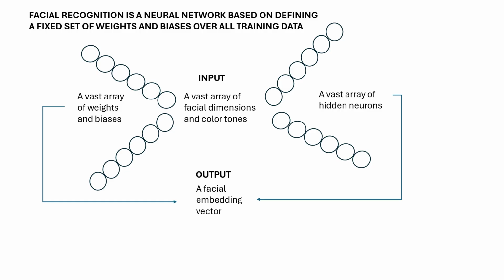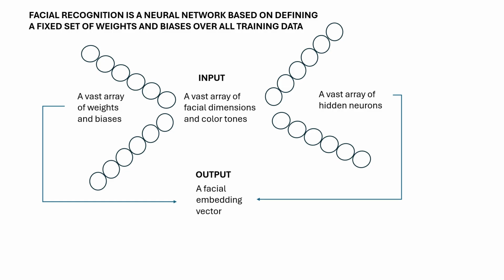And the application of calculus is going to get all those weights and biases selected that minimize the difference between the actual face vector and the one that's calculated. And so it calculates a facial embedding vector for each person or picture in the database.